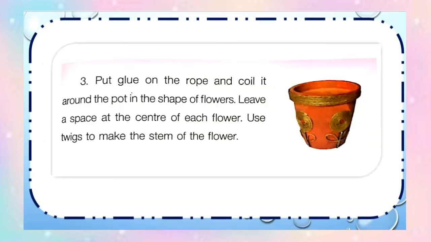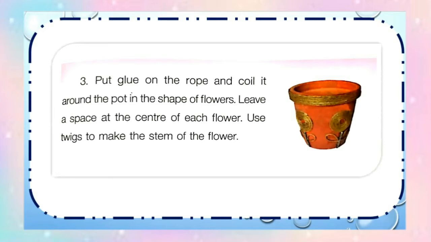It's up to you. Number 3, put glue on the rope and coil it around the pot in the shape of flowers, okay? Just like in the picture as you can see here. You can have a flower design or anything, okay?